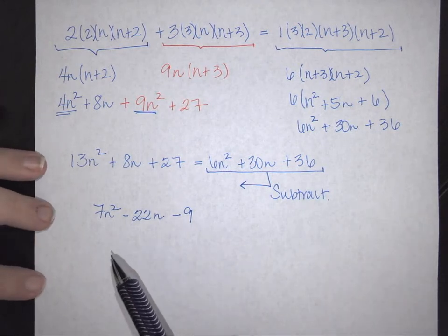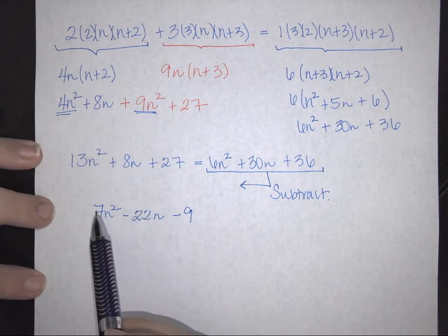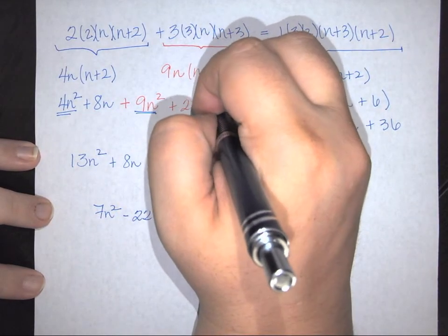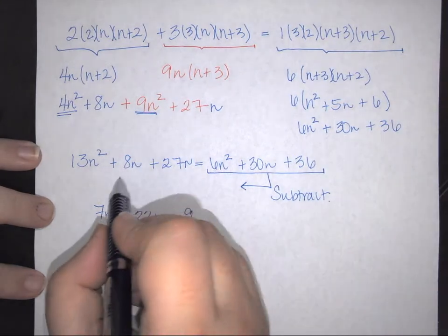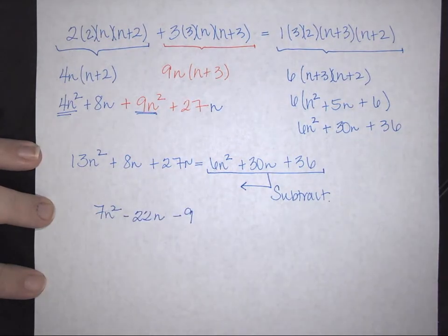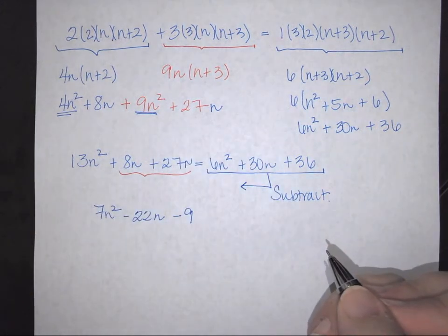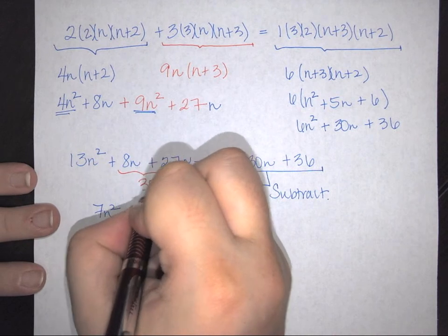So here, I apologize, up here this was actually 27n. So that is going to change a little bit. So here, this is actually going to become 8 plus 27, which is really 35n.